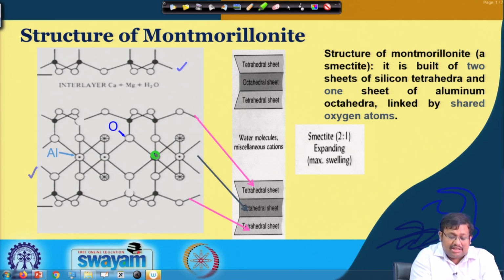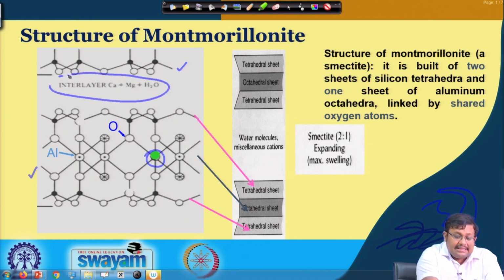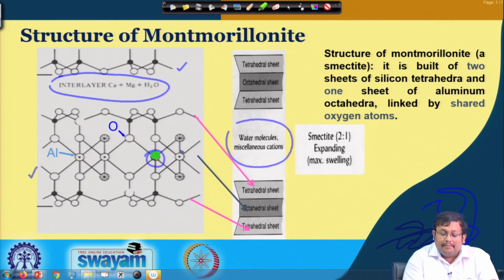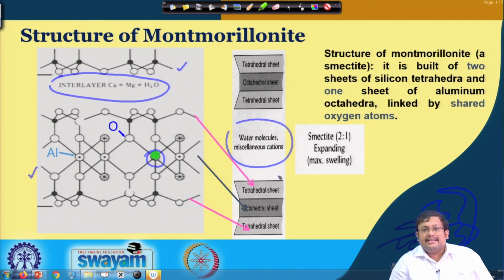In the dioctahedral structure, when aluminum gets replaced by magnesium, then this negative charge develops. And the interlayer space between two layers is occupied by calcium, magnesium and water. So, miscellaneous cations and water molecules occupy the middle, and as a result there is a large gap between the two adjacent layers, and that is why it shows high or maximum swelling.